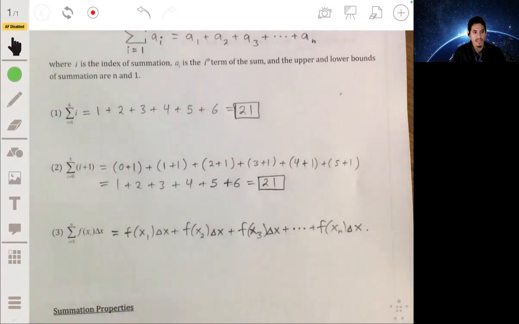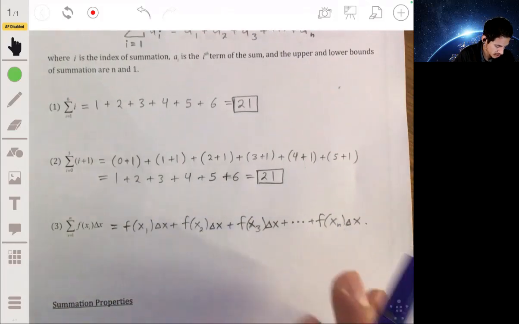So we're not going to have an explicit value because we're not given the actual function. But this is going to be key in this chapter and really in this course, because this is the type of notation that we're going to be interpreting a lot of the concepts through.